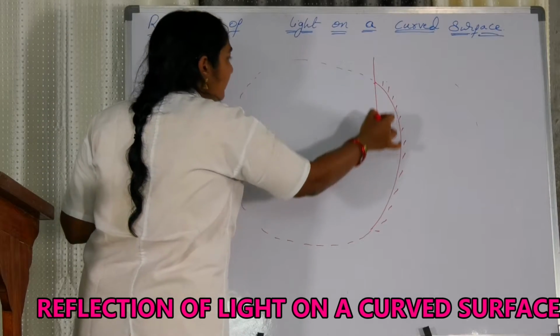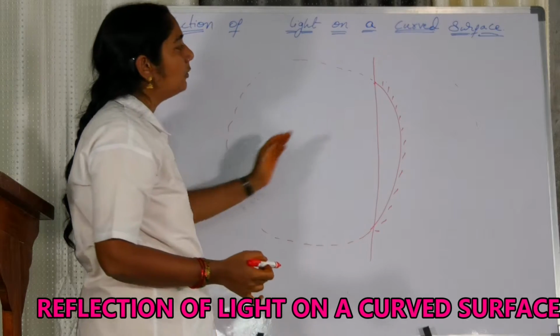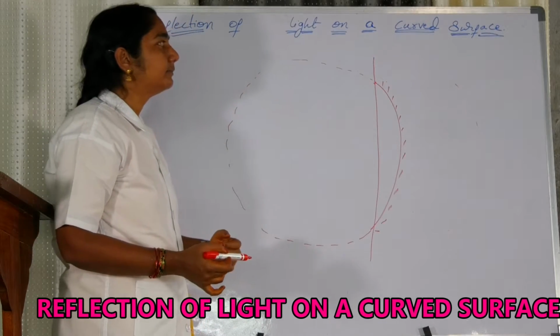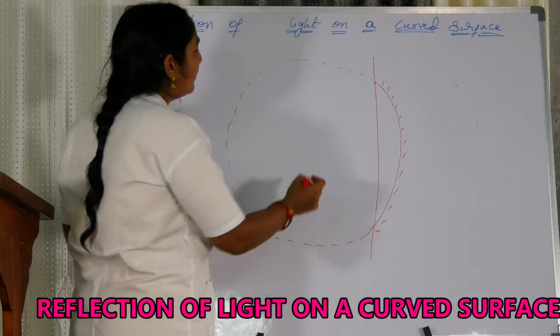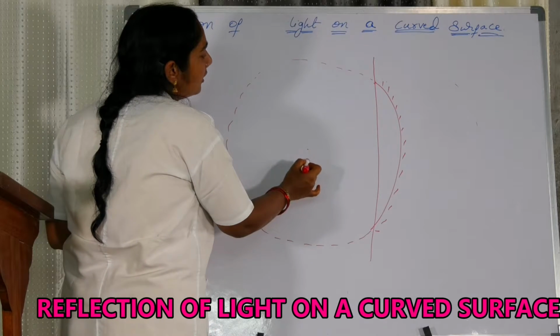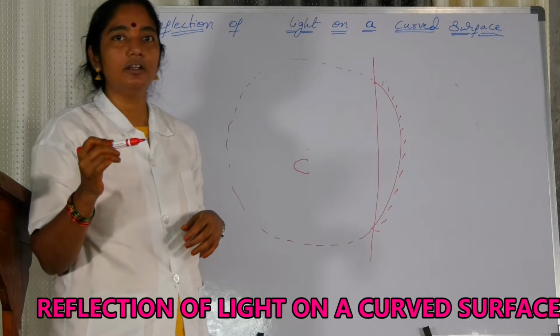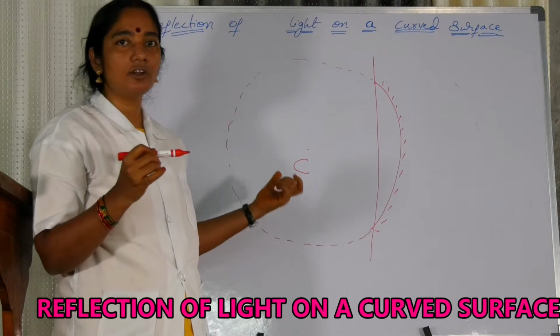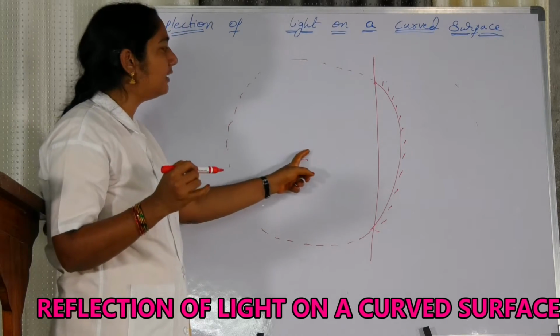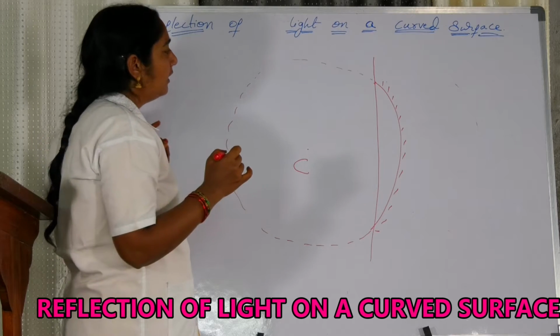And when you cut a small piece of it, you will get this piece, and this sphere has a center, that is called the center of curvature. We call it the center of curvature of the mirror. C is called the center of curvature of the mirror, and that is at the center of the sphere.